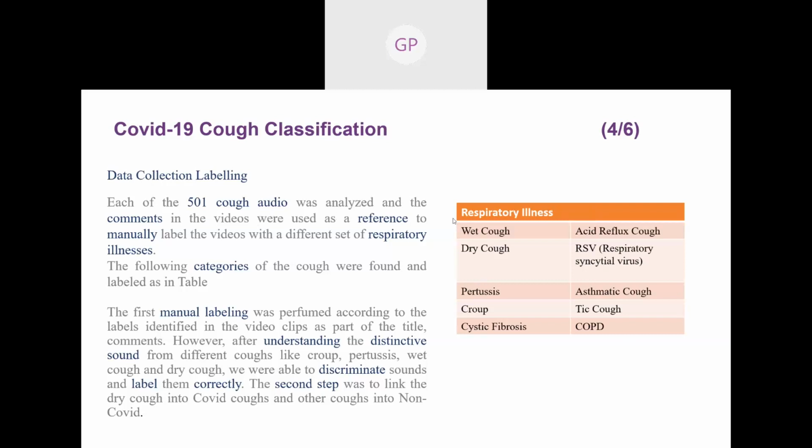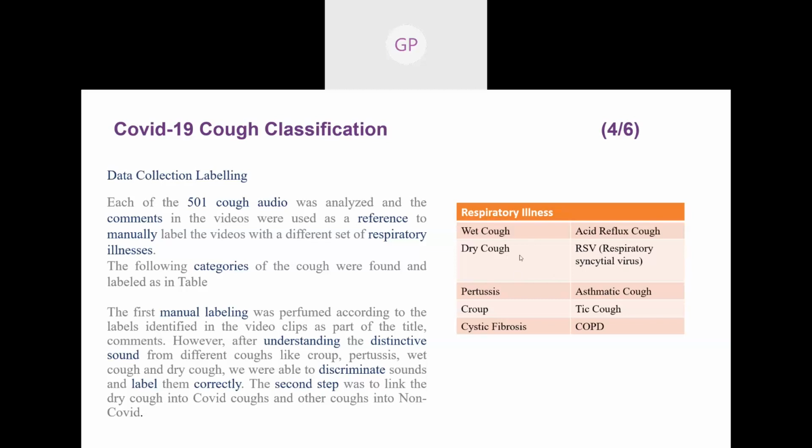We did a literature study and understood that there is a variety of respiratory illnesses. There is wet cough, which can either be part of an illness, or it can be probably just a flu or pneumonia.